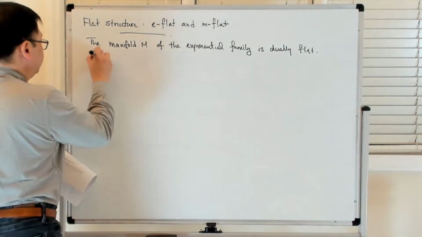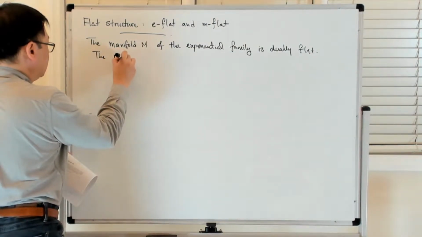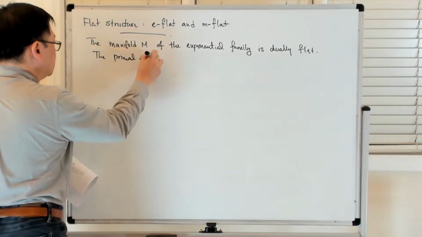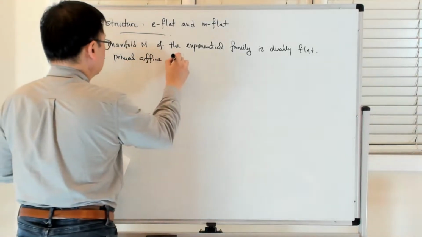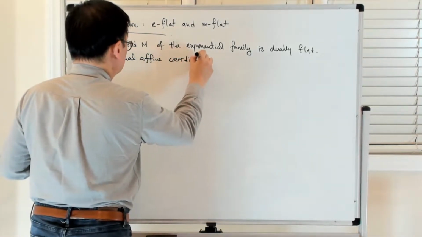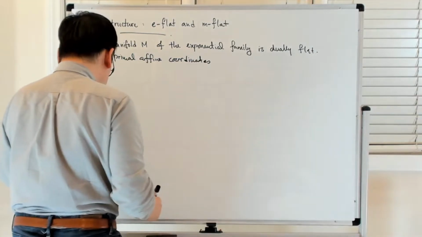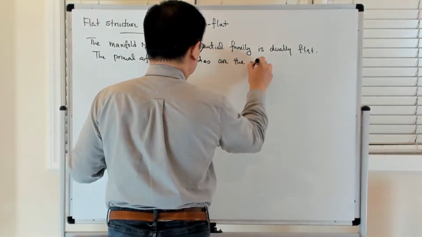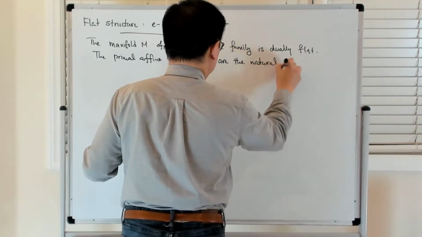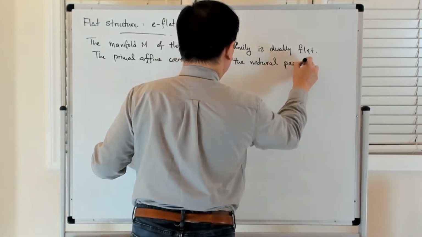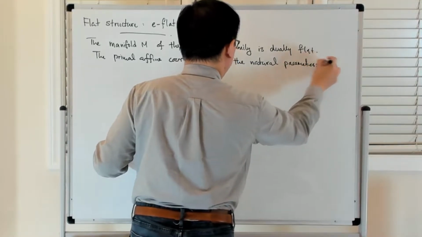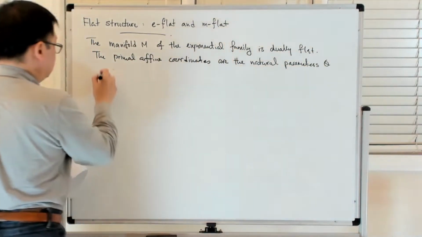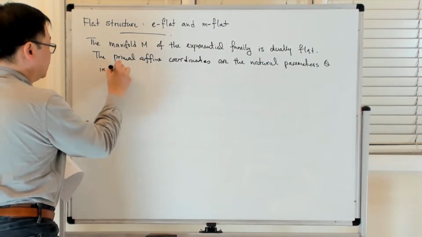So the primal affine coordinates are the natural parameters in the exponential family, what I'd call theta.